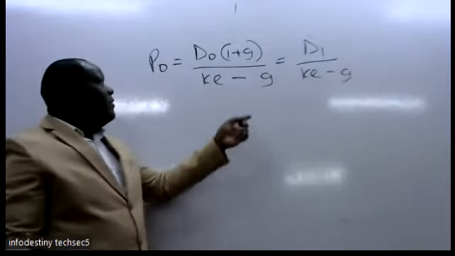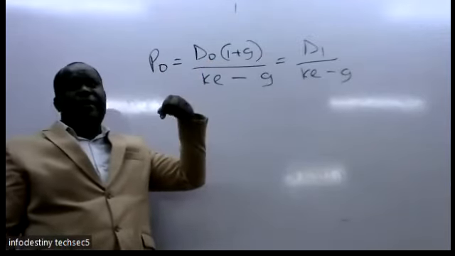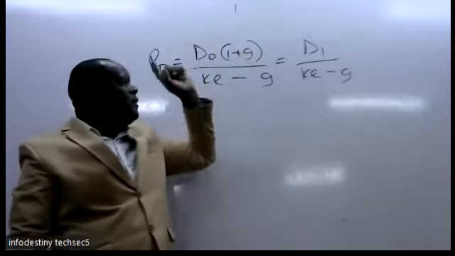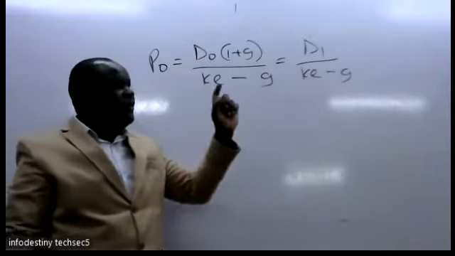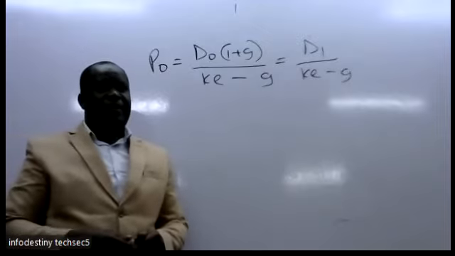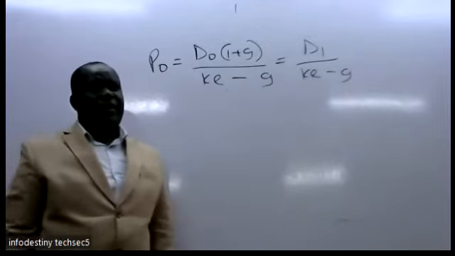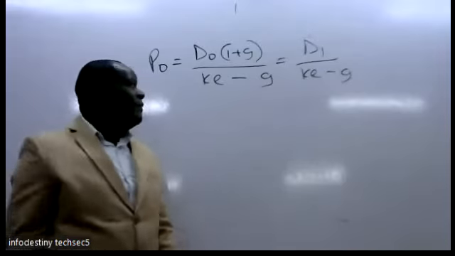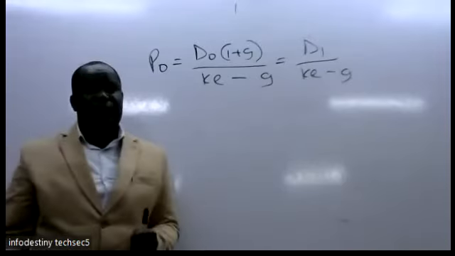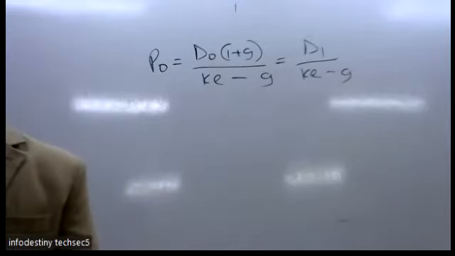Our D0 is the last dividend that was paid. Then g is the constant growth rate. Then D1 is the next dividend to be paid. Then you remember Ke is the cost of the ordinary share. So we shall be using that formula to get the value of the ordinary share.